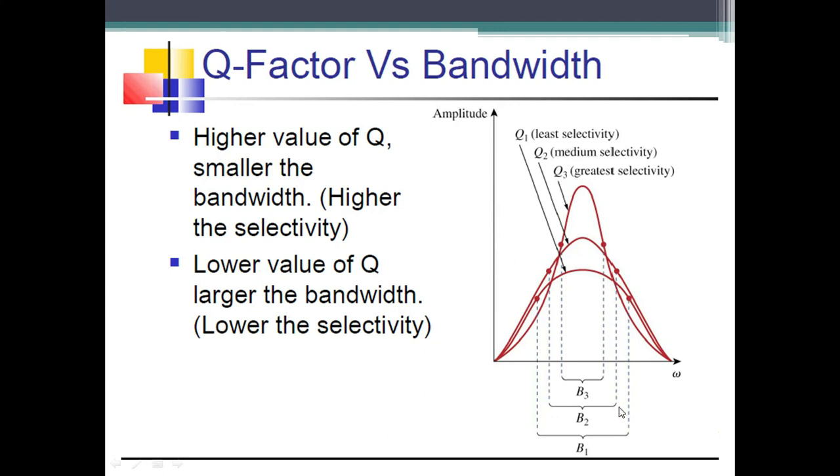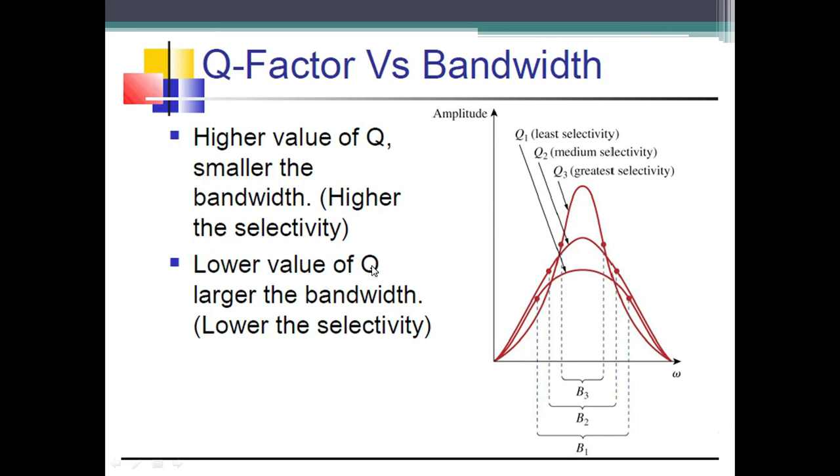Once you decrease the bandwidth of the system, the wave sharpens. In the second case the bandwidth is B2, and the wave is slightly compressed, which is called medium selectivity. Once the bandwidth is very small or narrow, the signal has the greatest selectivity.